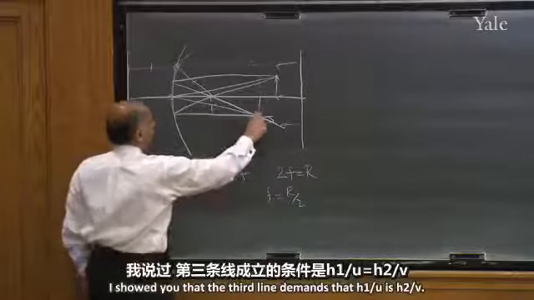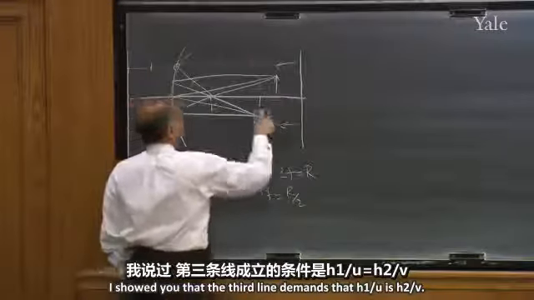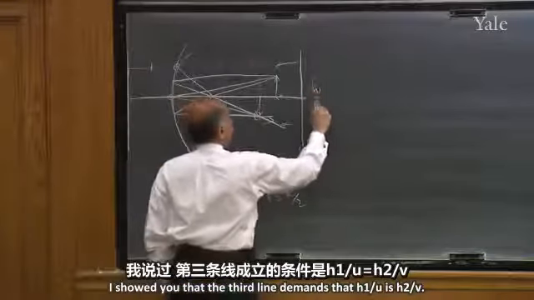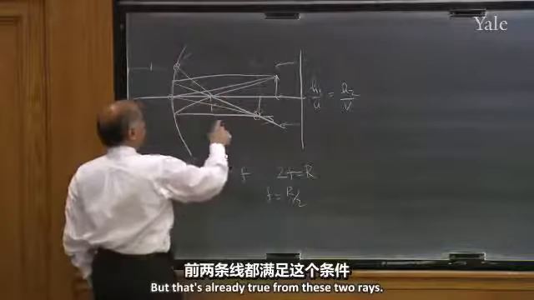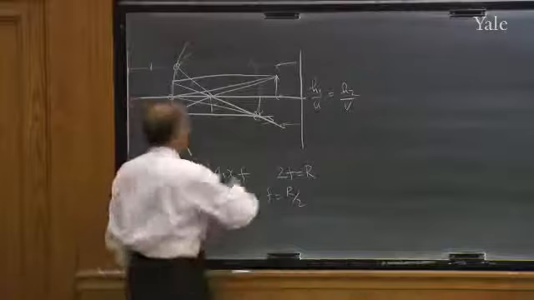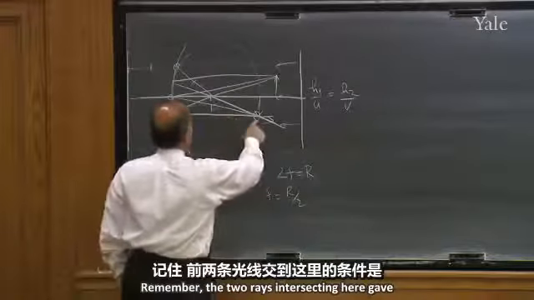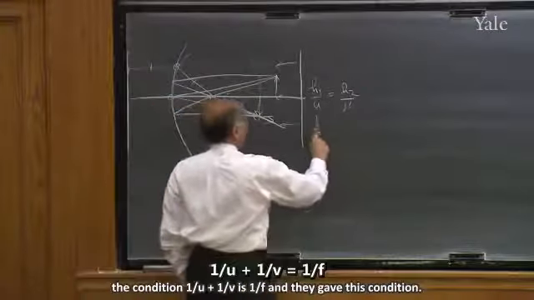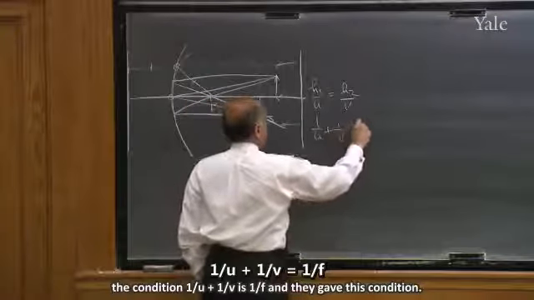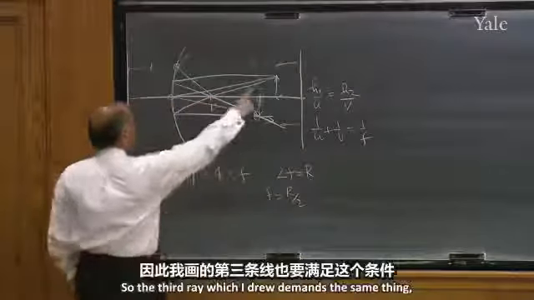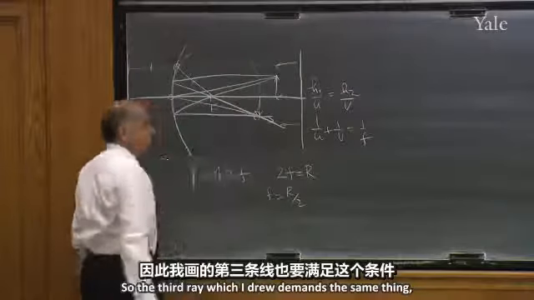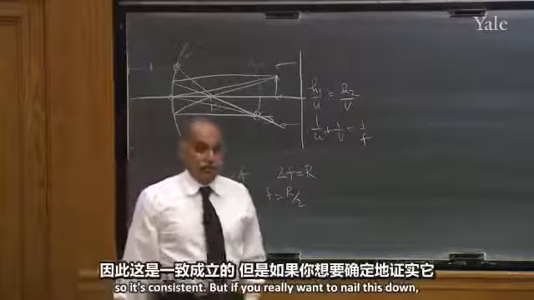I showed you that the third line demands that h1 over u is h2 over v, but that's already true from these two rays. Remember, the two rays intersecting here gave the condition 1 over u plus 1 over v is 1 over f, and they gave this condition. So the third ray, which I drew, demands the same thing, so it's consistent.